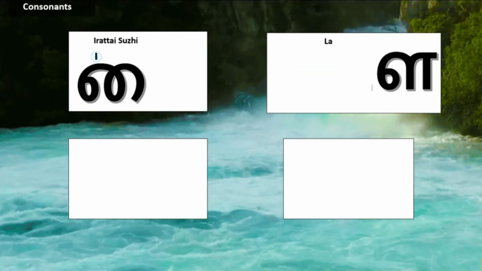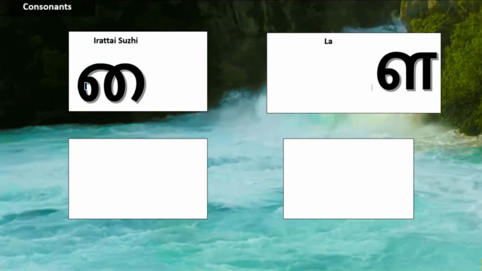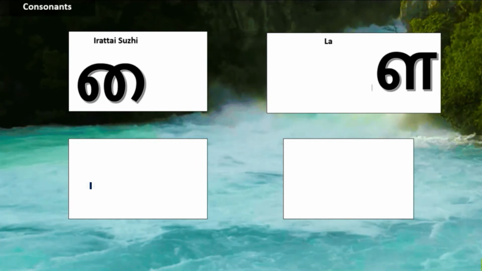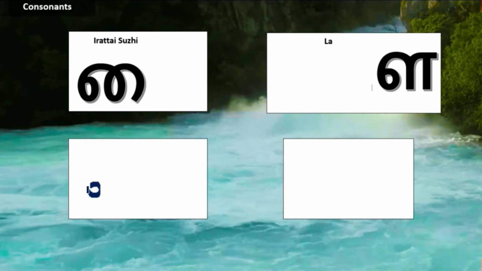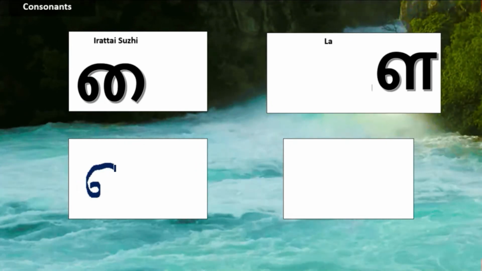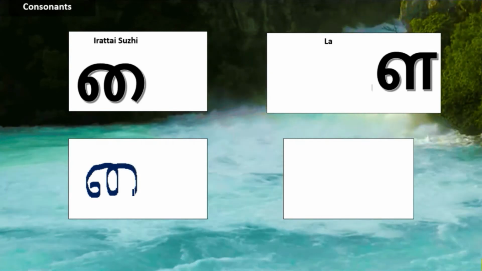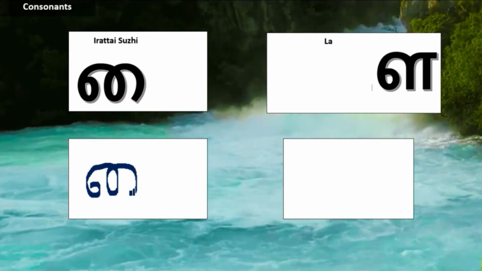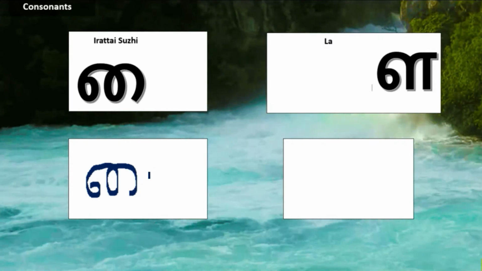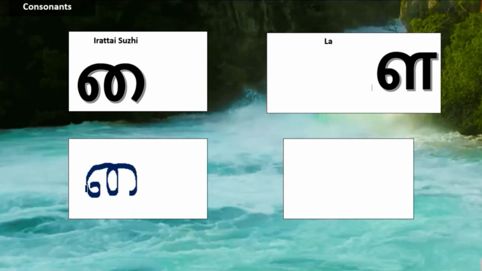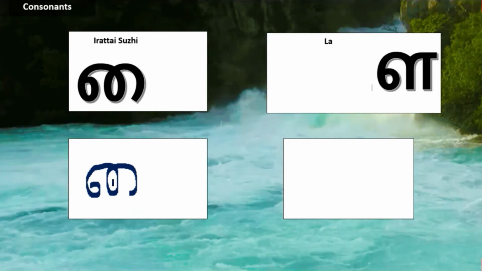Now how to write this இரட்டை சுழி? We have a small circle and then a circular arc going upwards, then forms a loop, then again goes upwards, then again the curve ends. So this is இரட்டை சுழி. It is as if there are two zeros there, so it is called இரட்டை சுழி.